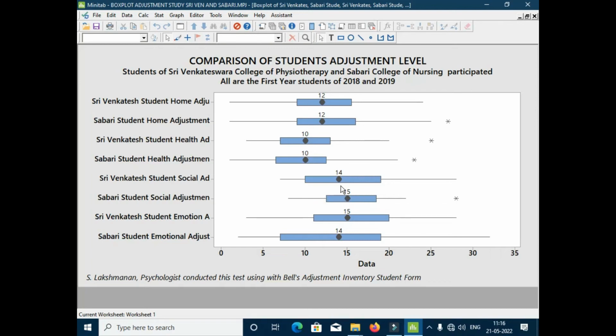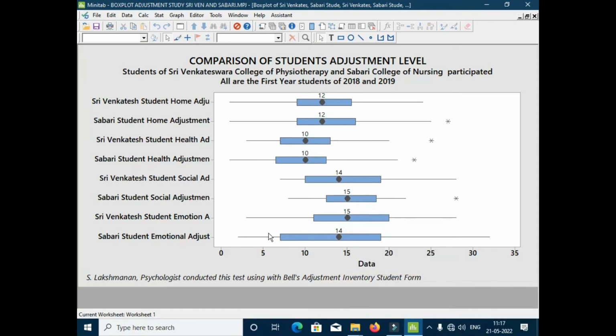The median level is also different in emotional adjustment, and in the emotional level, you see, Sabari College students are comparatively more emotional than Venkateswara College.